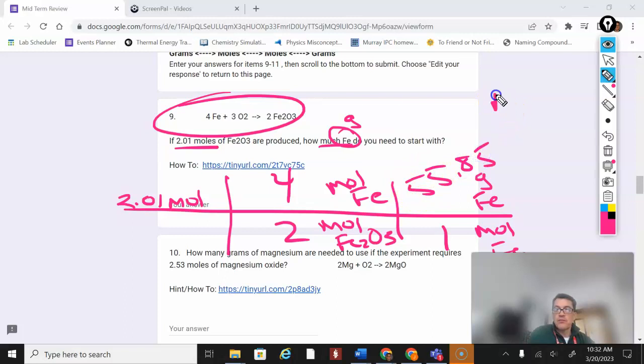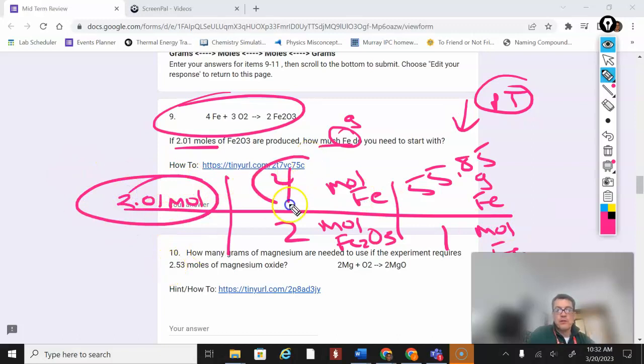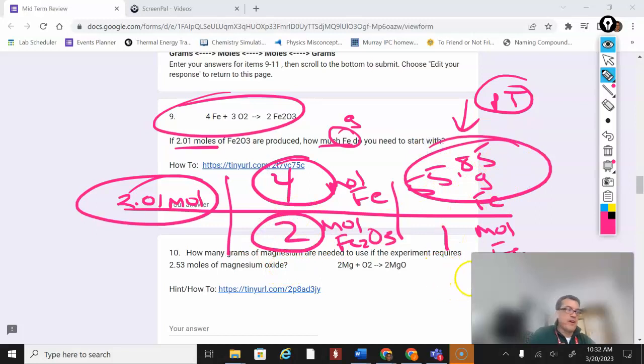I get this again from the periodic table. So in my calculator, 2.01 times 4 divided by 2 times 55.85, and that should give me 224.5 grams.